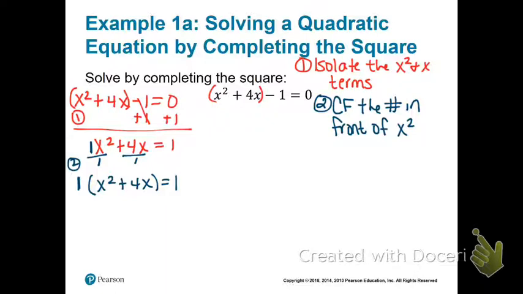All right, so our next step is we're going to add a blank inside the parentheses, and on the other side of the equal sign.